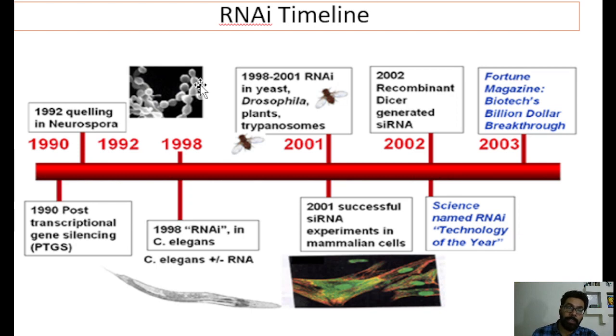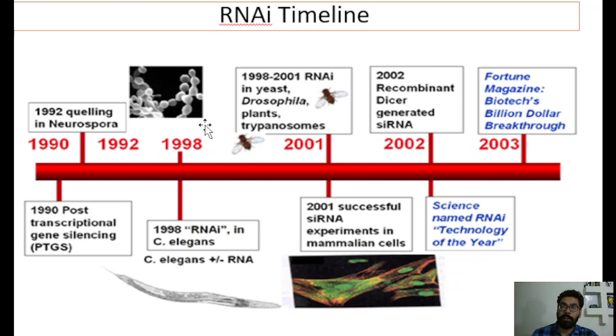Coming to the timeline of RNAi, it started with the discovery of post-transcriptional gene silencing in overexpression plants of tobacco in 1990. Further, in 1992, quelling was discovered in Neurospora, the same thing, post-transcriptional gene silencing in the Neurospora fungus, called quelling in fungus.